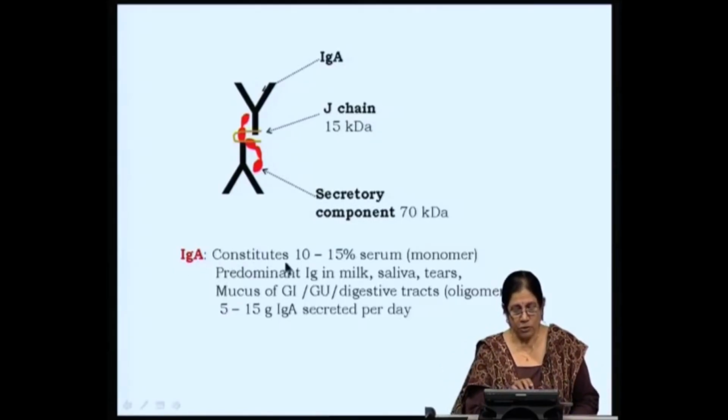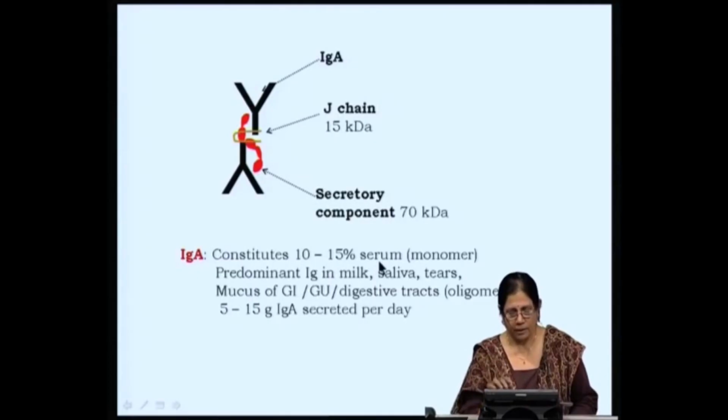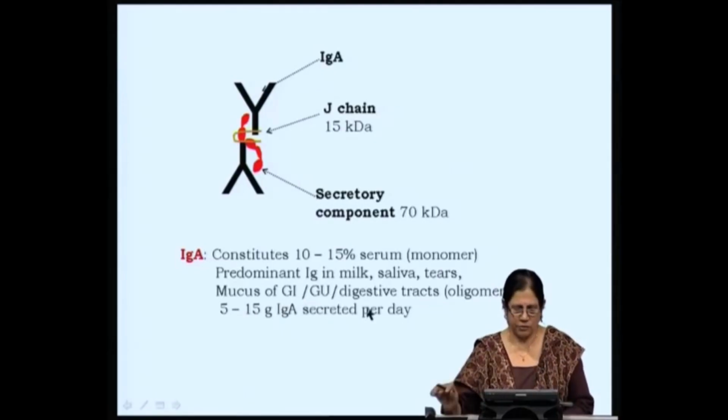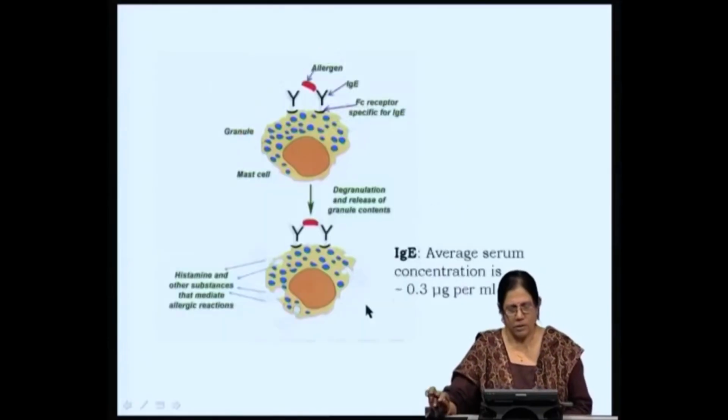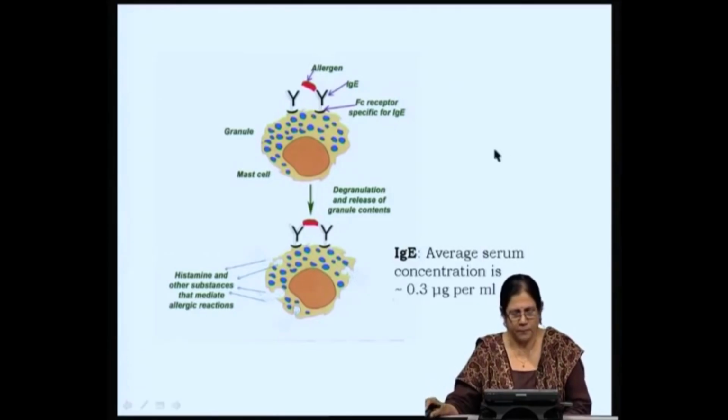Now, IgA constitutes only 10 to 15% of the serum, and in the serum or blood, the protein is present as a monomer. As an oligomer, either dimer or trimer, IgA is present in milk, saliva, tears, mucus of the gastrointestinal tract as well as urogenital tract as well as digestive tract. Okay. So, therefore, this in fact protects the body surfaces from pathogens.